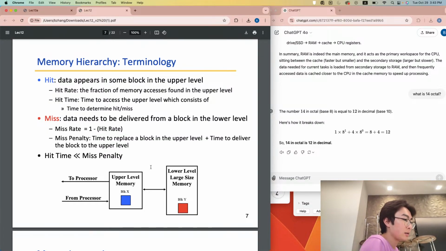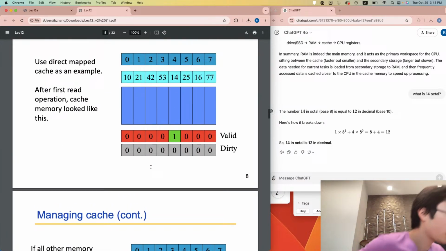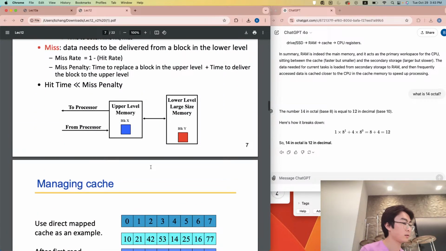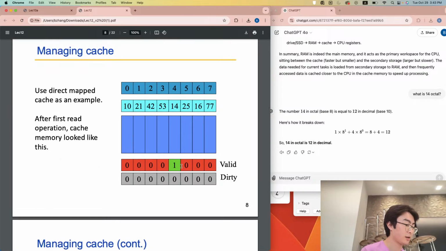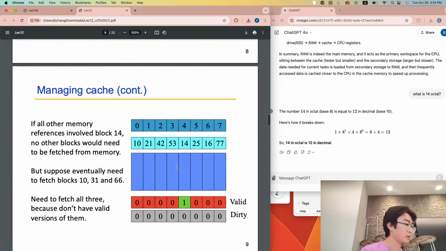Then it needs to be delivered from a block in the lower level. Okay, X. Okay, so this is what the cache memory looks like. I forgot exactly what this does.